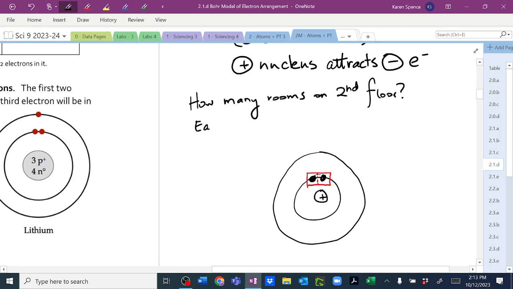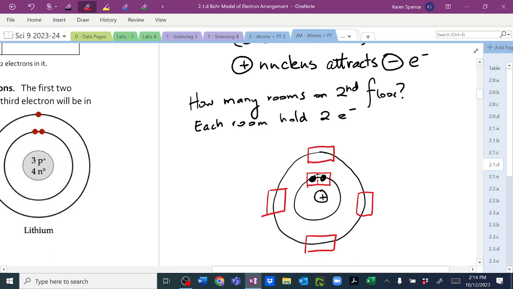And each room holds 2 electrons. There's 4 rooms, yes? So we have 1 room, 2 rooms, 3 rooms, and 4 rooms.